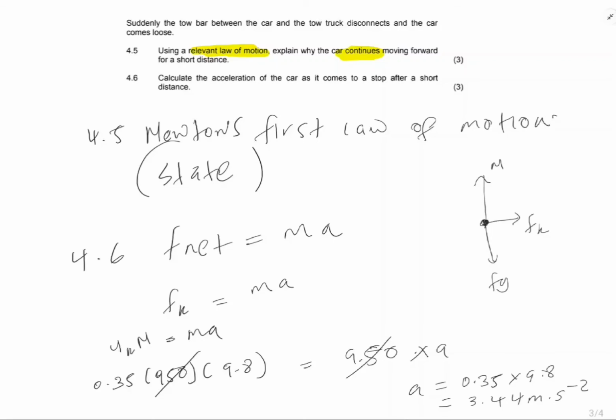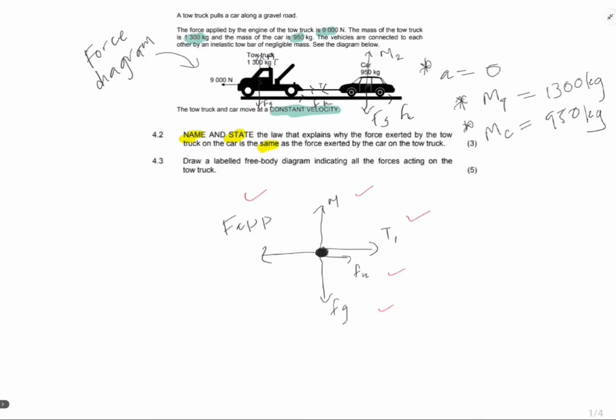Please go back to the first video where I explained Newton's first, second, and third law, and go through it again and again until it's glued to your mind. One of the most important things to note is always draw your free body diagram, or identify the forces acting on the objects when you're given such a problem, and write your data on the side so that it's easier to work through the problems.